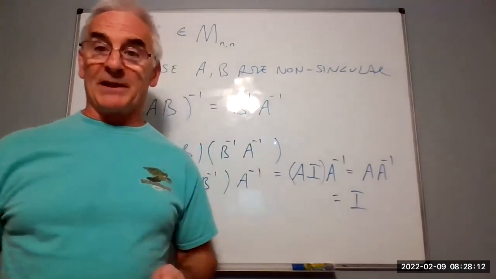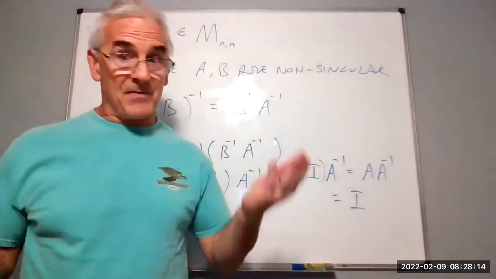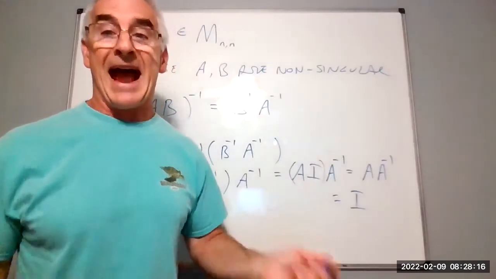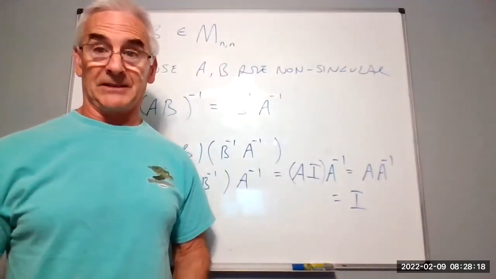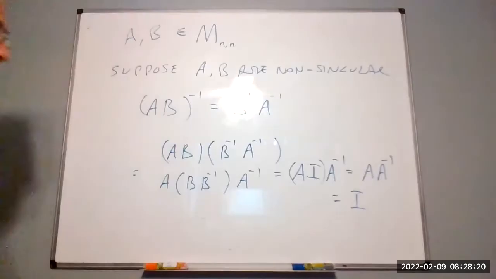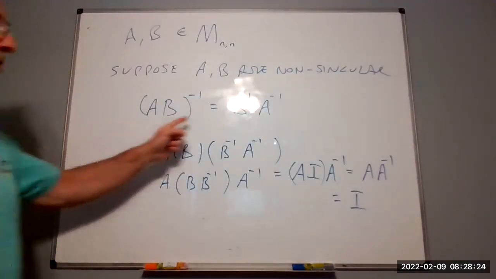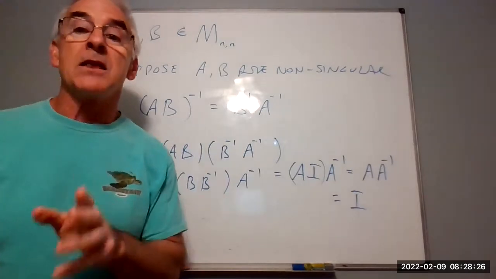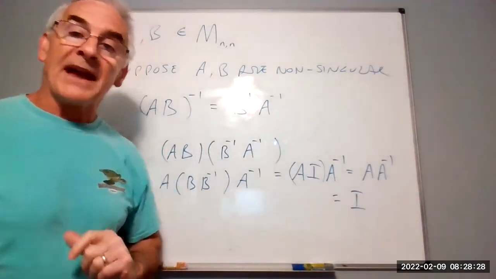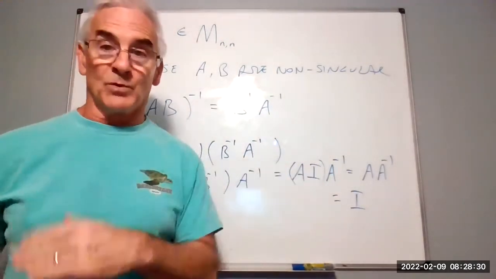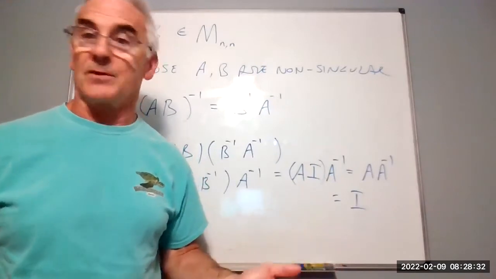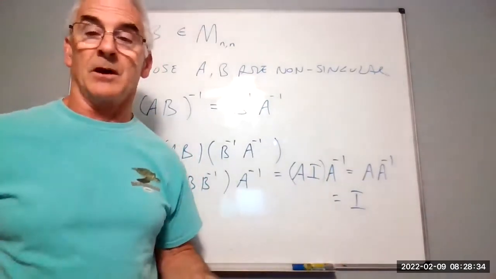Anytime you multiply two matrices together and get the identity, that means your two original matrices have to be inverses. Okay, there's no way around it. So that's kind of a cool property, that the inverse of a product is the product of the inverses in reverse order. Now, what if one of them was singular? Well, then it would turn out the product is not invertible.